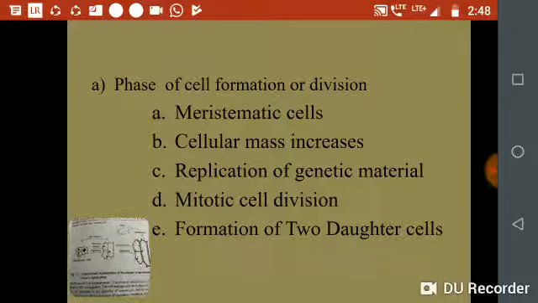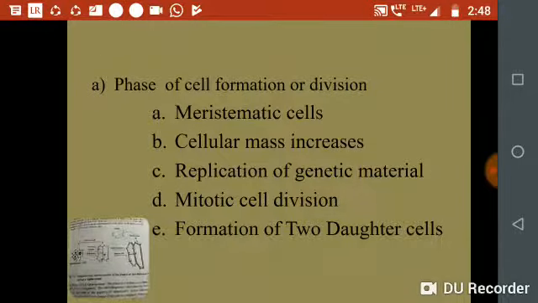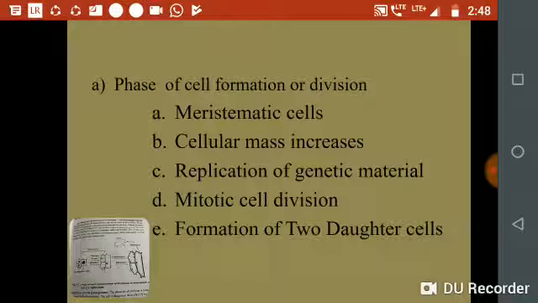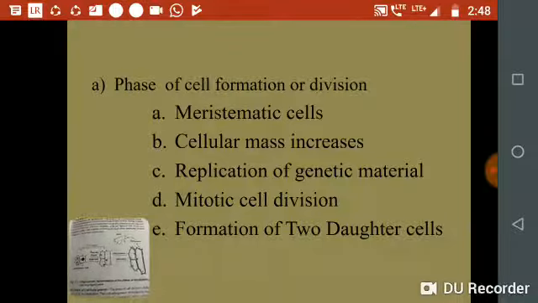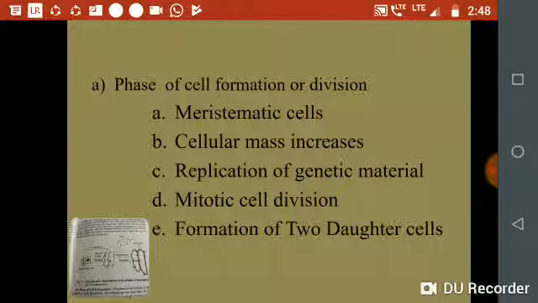The growth in plants is generally confined to certain regions. The growth in plant is defined in three phases. First is the phase of cell formation or division.